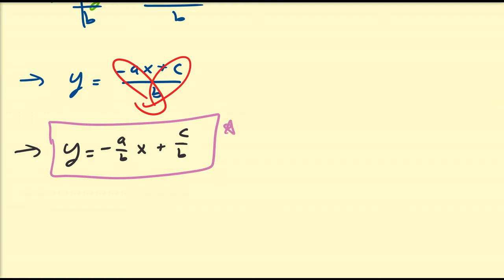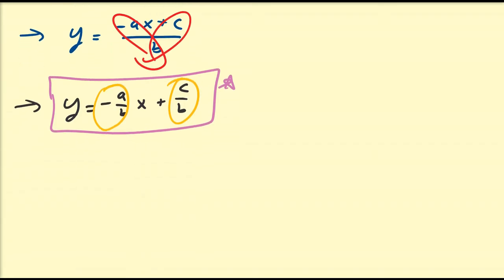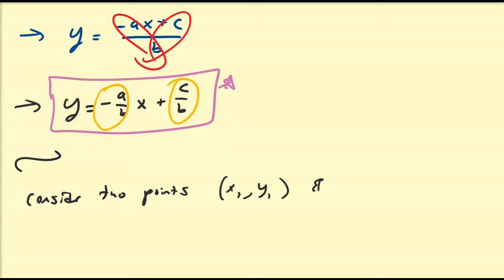And this is going to be a very special relationship. Something that we need to figure out is, what's so special about this number -a/b, and what's so special about this number c/b? So consider 2 points, (x1, y1) and (x2, y2).